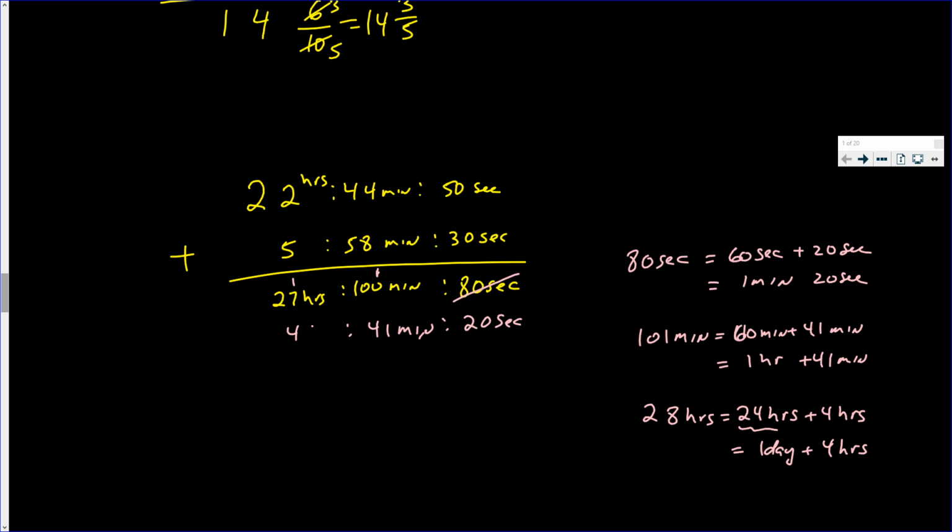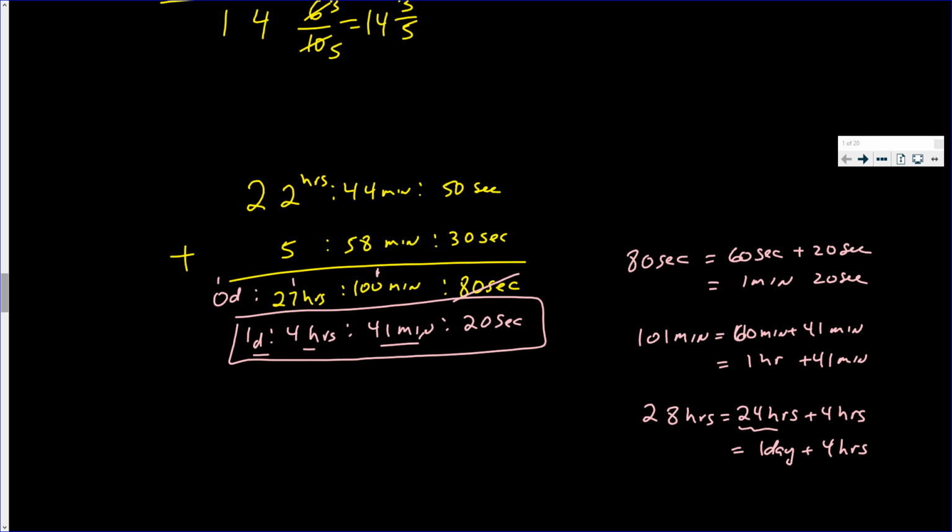So it's 4 hours and 1 day. Since I have no days, I really have 0 days. So when I add the 1 to it, this is 1 day, 4 hours, 41 minutes, and 20 seconds. That is what you get when you add these two.